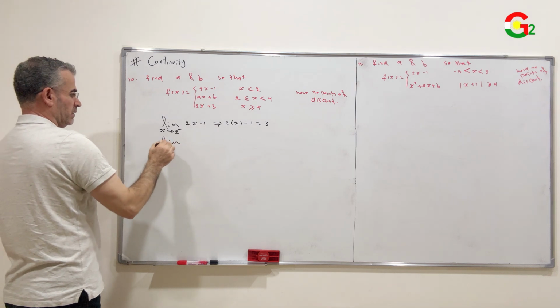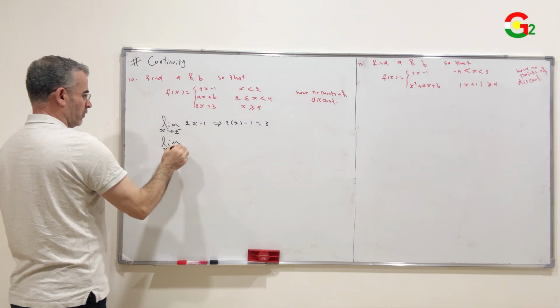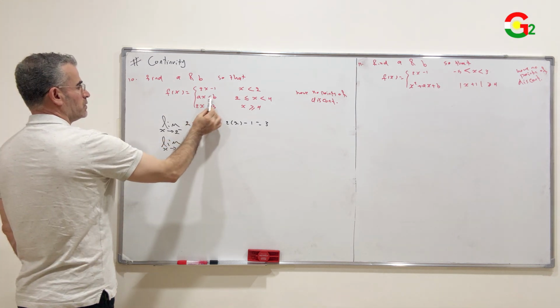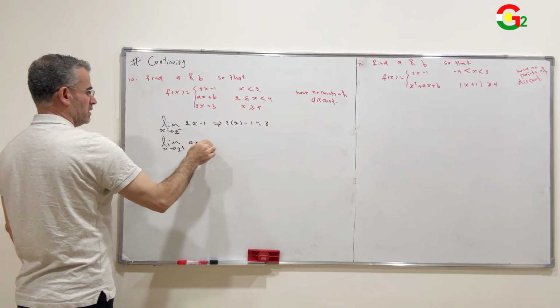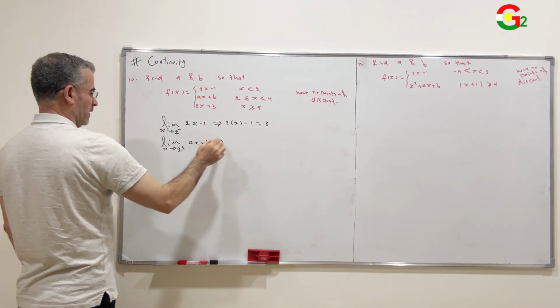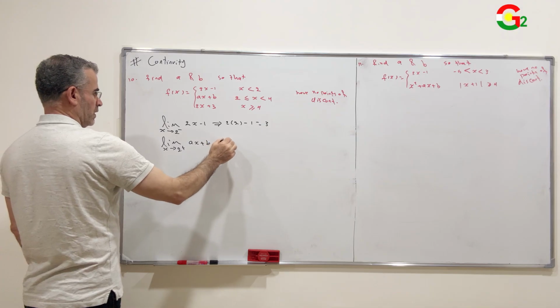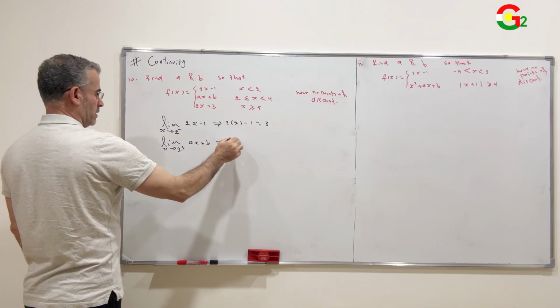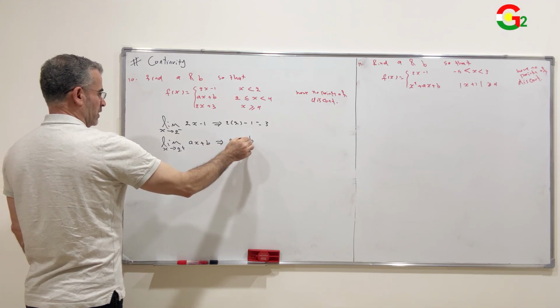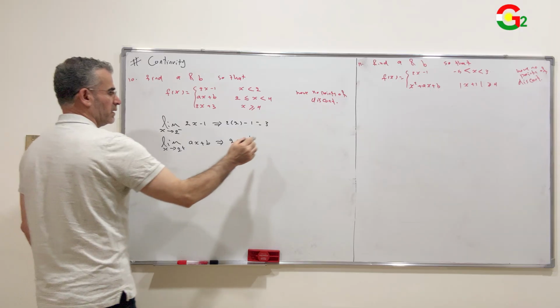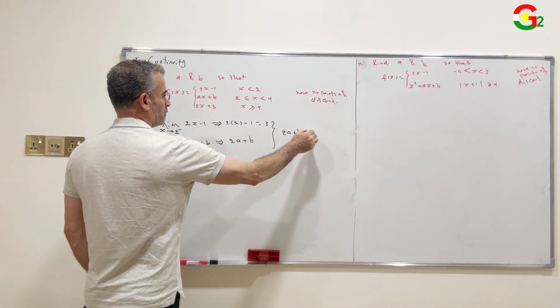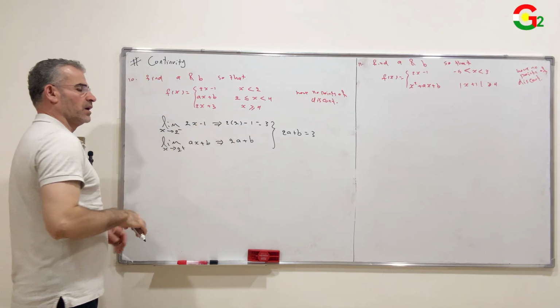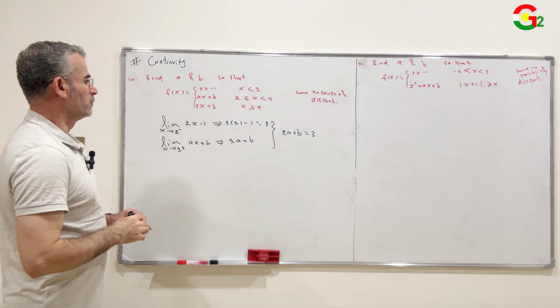And the limit when x approaches 2 from the right, use this segment ax plus b, substitute every x with 2, then the answer is 2a plus b. And 2a plus b should be equal to 3 so that the limit exists.